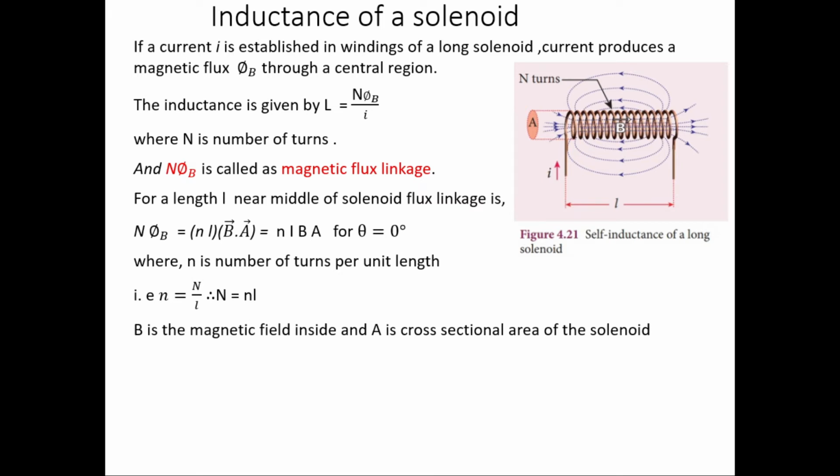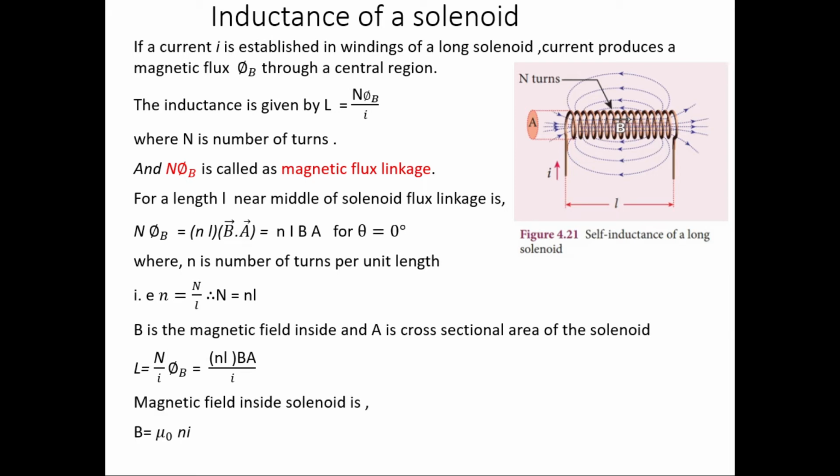In this case, the area vector and magnetic field are in the same direction, or we can say parallel. So theta is 0 degrees and we get N phi B is equal to n l B A. So using this equation we get inductance L equal to capital N phi B upon I, equal to small n l into B A upon I.